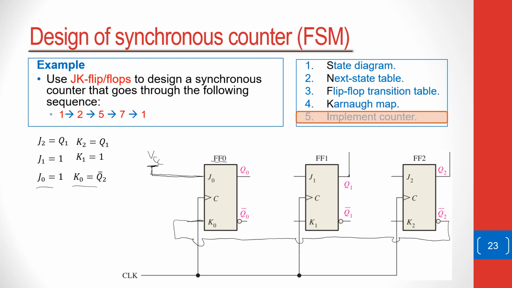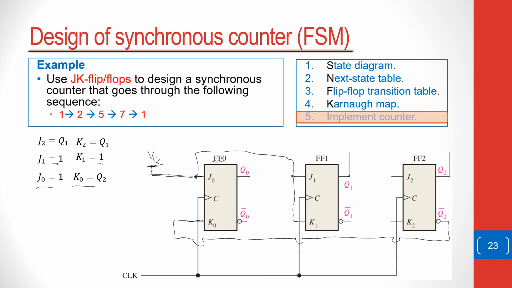That becomes our input here. And then we move on to the flip-flop for J1. For J1, we see that it's also tied to VCC. And then K1 is also tied to VCC, so we take that, we tie it there.